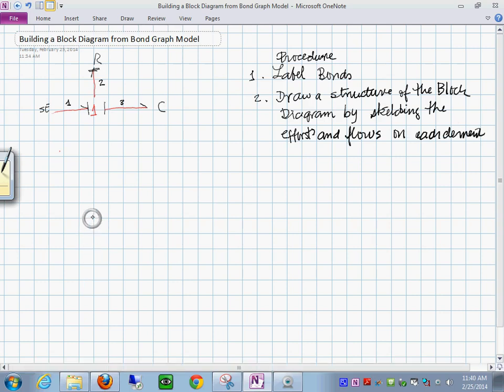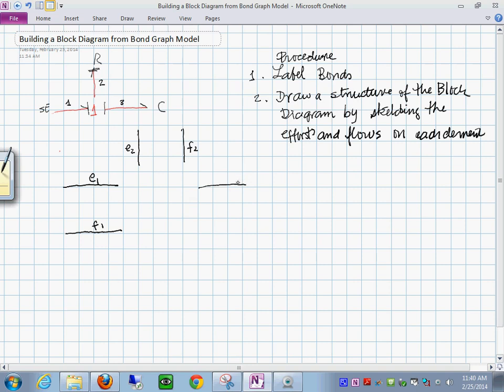Okay, so why don't we do that? We just say, okay, look, here's the effort 1, and in here I would say this is flow 1. This is the effort 2, and this is flow 2.